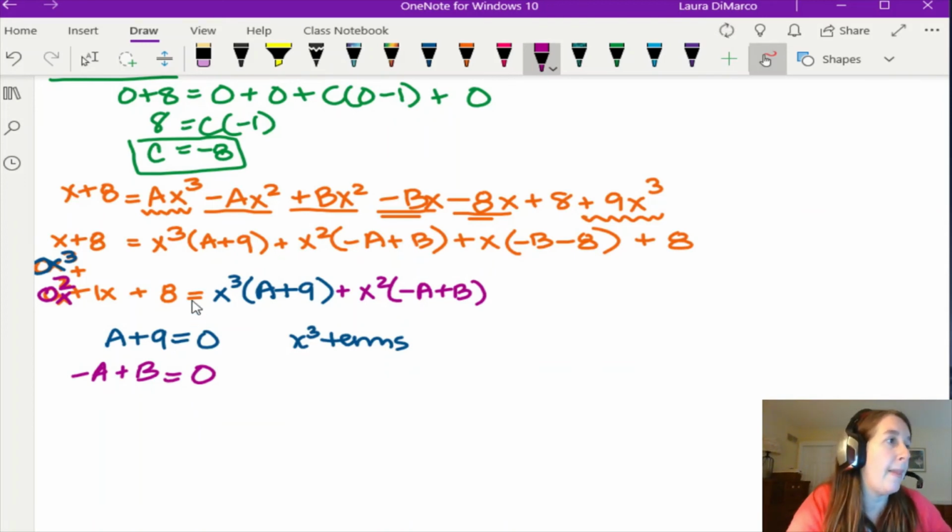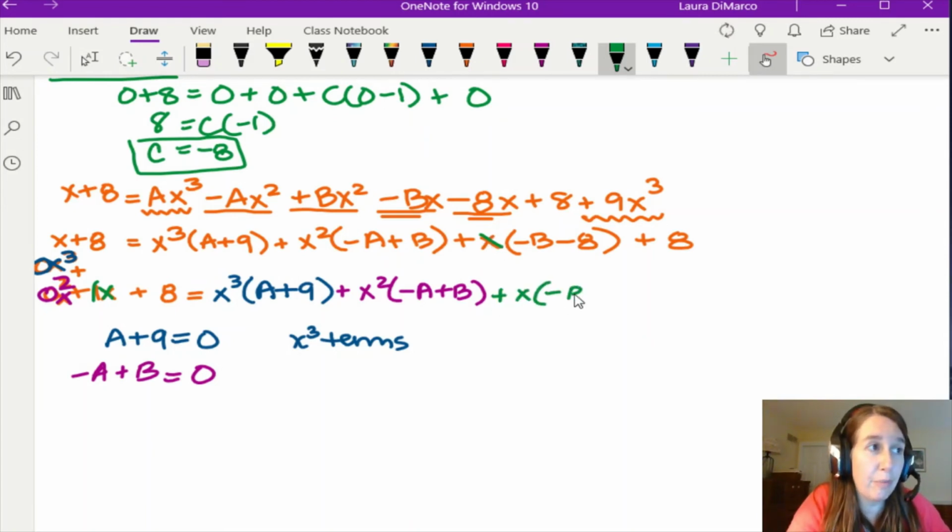Okay. Now we have a 1x, so the coefficient of x is 1, and over on the right side, the coefficient of x is negative b minus 8, okay? And so that's negative b minus 8 is equal to 1.